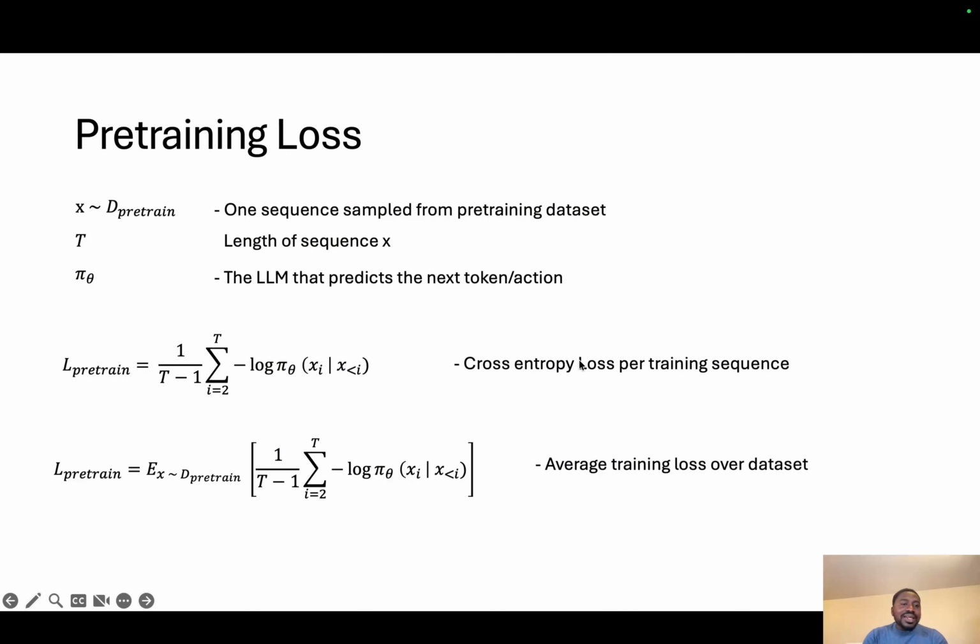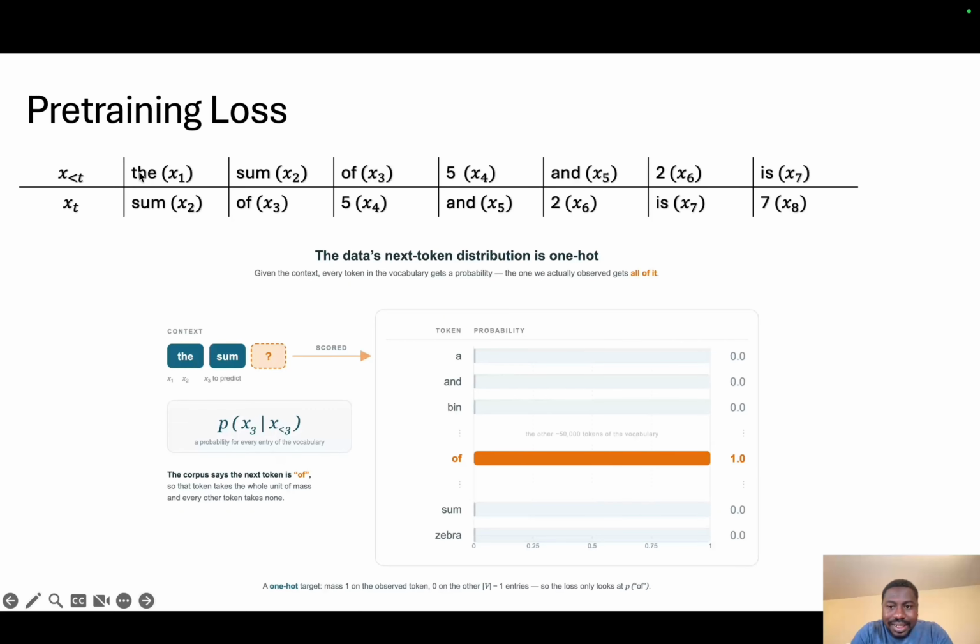So in pre-training, we have this loss, where you take some sequence from your pre-training data set, and it has a length of T, and it's a summation. You do an average over T minus 1. So think about x1 to x8, and the actual positions we have here is T minus 1, right? It's like 7 positions.